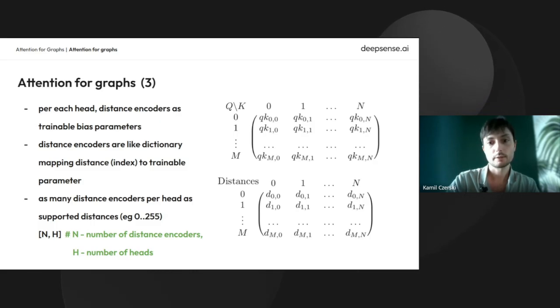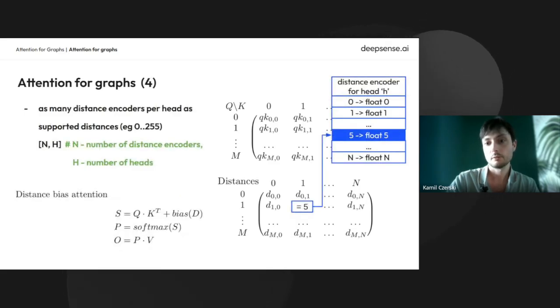It works like a dictionary, a mapping from a distance index. Usually we have distances from 0 to 255, and we support all of them in this range. For each integer index, we map it to one bias, one float value. These are the trainable parameters. So we start with random floats and train the model, and the model learns these biases per distance value per head. In this way, it supports distances in graphs.